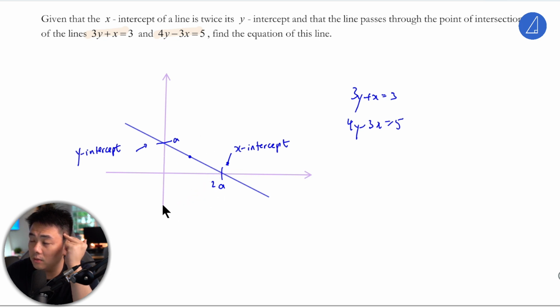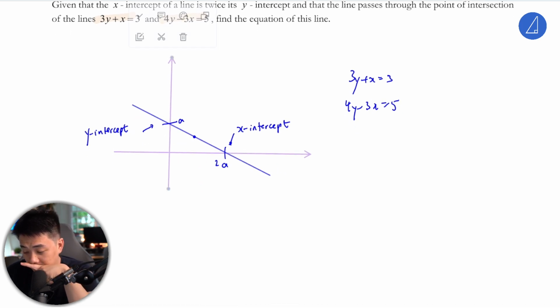If it's negative, would it work? It could also be a and 2a here. If say this is b, this is 2b as well. So there are two ways of doing it. Can it be sloping positively?